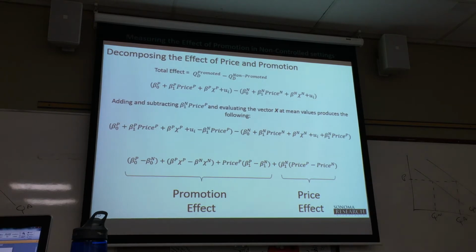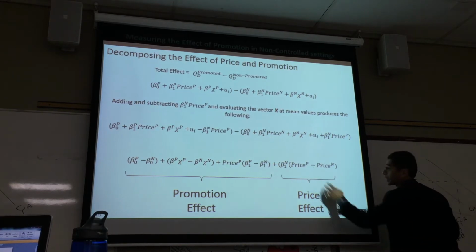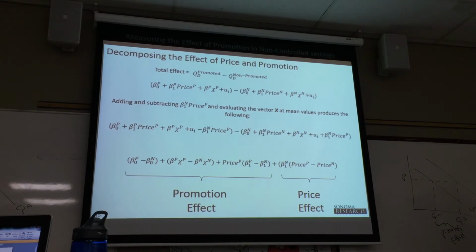So if firms didn't reduce price when they promoted, evaluating the promotion effect would be easy. The problem is they do. So we're going to have to account for that with that term there.